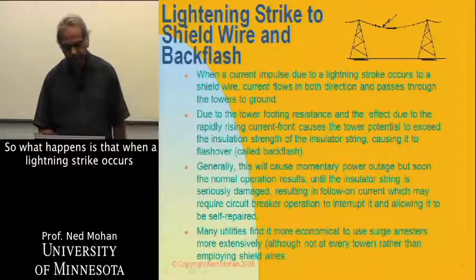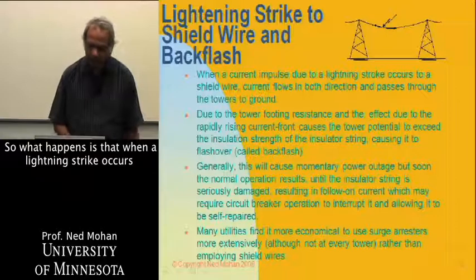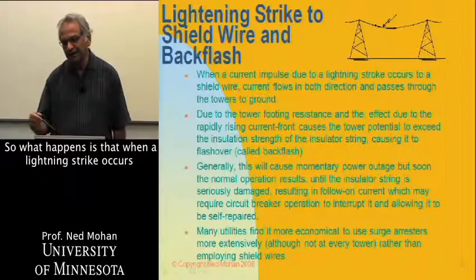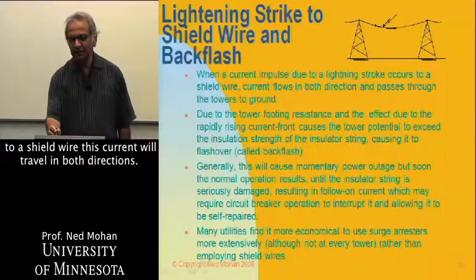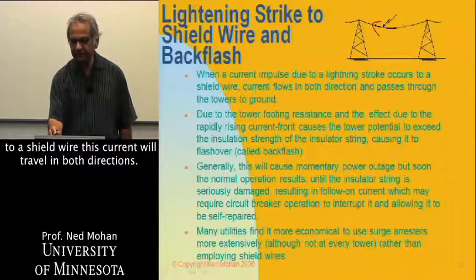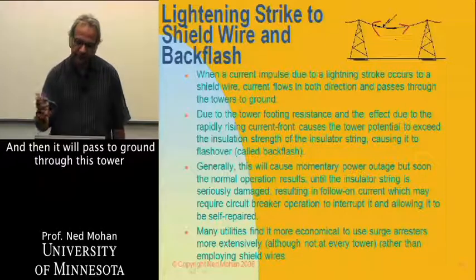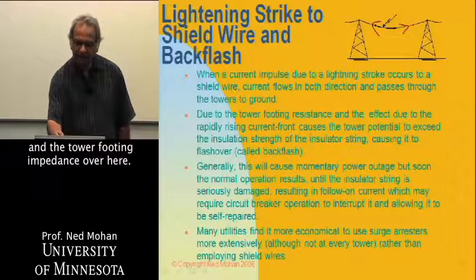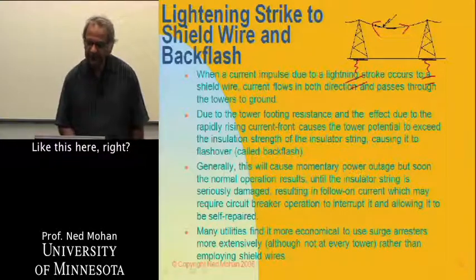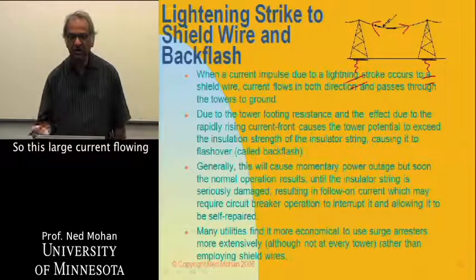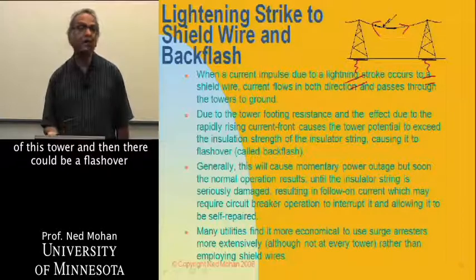So what happens is that when a lightning strike occurs to a shield wire, this current would travel in both directions, and then it will pass to ground through this tower and the tower footing impedance right here. So this large current flowing through this impedance would raise the potential of this tower.